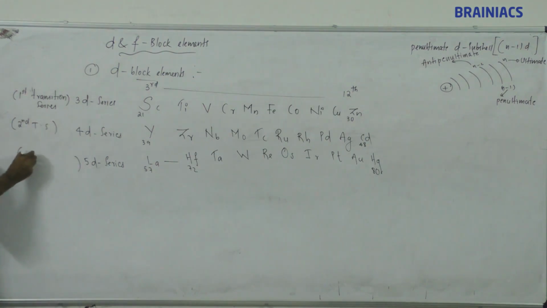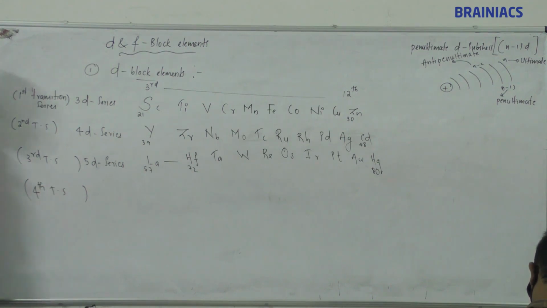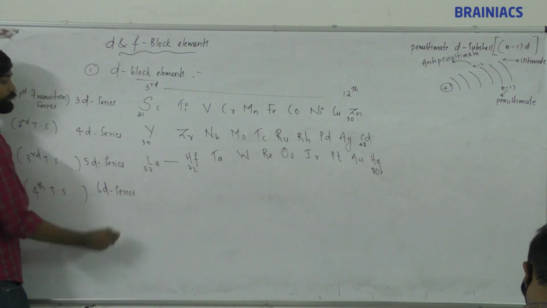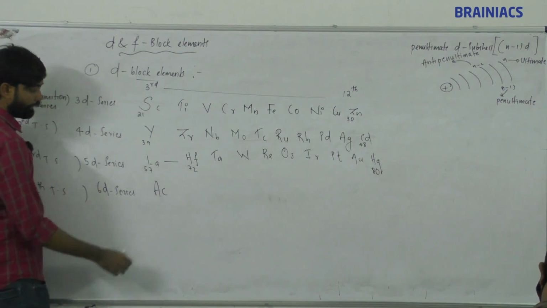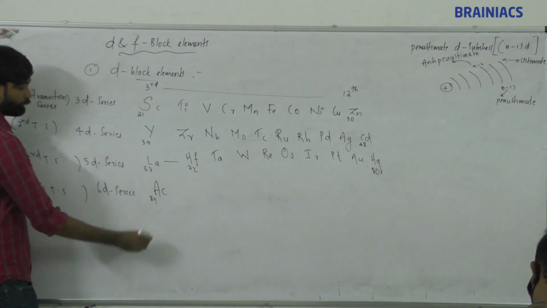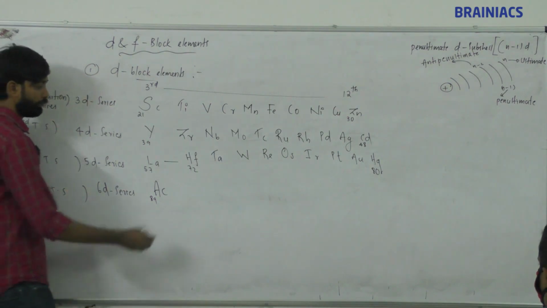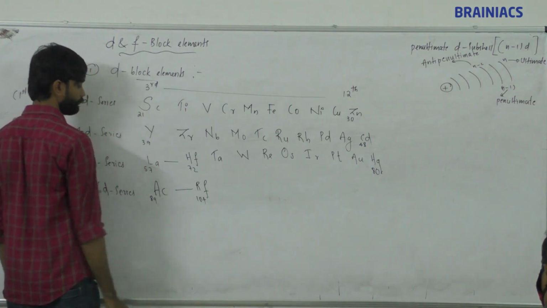This is the 5D series, the third transition series. The last one, the fourth transition series, otherwise known as the 6D series, starts from actinium, atomic number 89, followed by rutherfordium of 104.